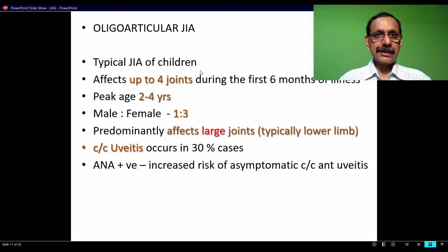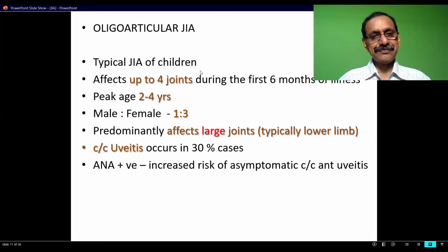And oligoarticular JIA is diagonally opposite to the polyarticular JIA. In polyarticular, we said small joints are involved, bigger children are involved, you will have rheumatoid factor positivity and rheumatoid nodules. Here, small children are affected, large joints are affected, for example the knee joint.